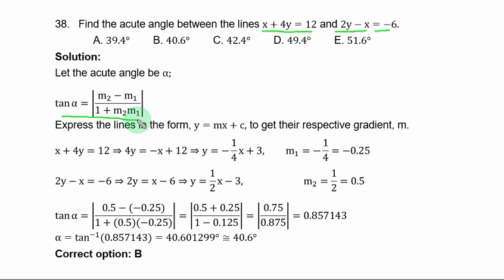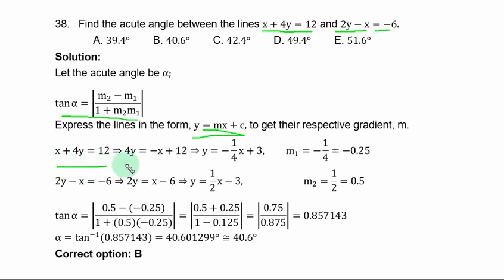So you have m1 as the gradient of the first line and m2 the gradient of the second line. You have to express the lines in this form so that you can get m. M is the gradient. You simply solve for y in both lines.